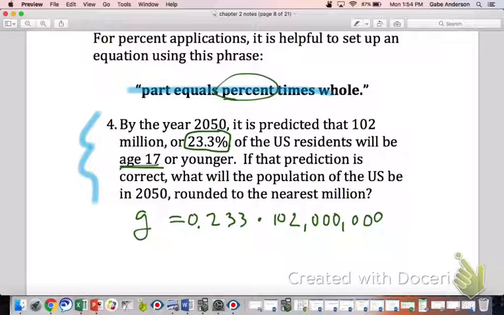Oh, do you see how she's starting to pick this apart? She's saying the 102 million is just the people that are under 17, right? And then what does it say here in the end? It says, what will be the population of the U.S.? What's implied there? Isn't that like the whole thing? That's the whole thing. So the population of the U.S., that's the whole thing. And the 102 million, that's the part. Does that make sense?